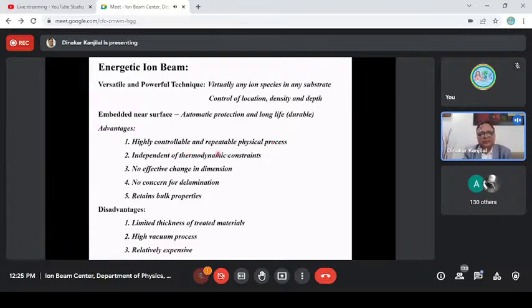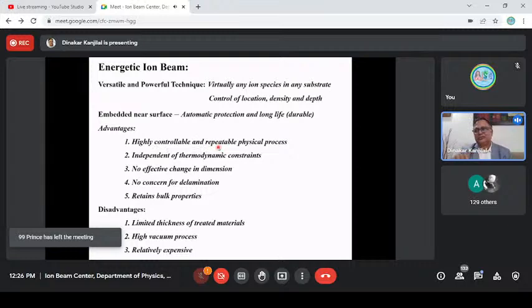Earlier, all these things used to be put inside the material by diffusion, by heating it, putting atoms in at an interface. For P-type, N-type silicon to be made, one puts the dopant, raises the temperature and diffuses it inside. The diffusion will not be uniform. As soon as you give energy to the ion, it is highly controllable.